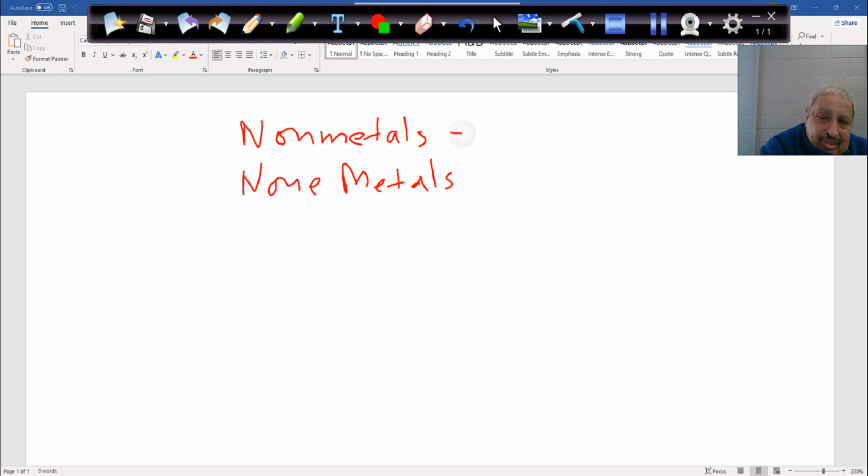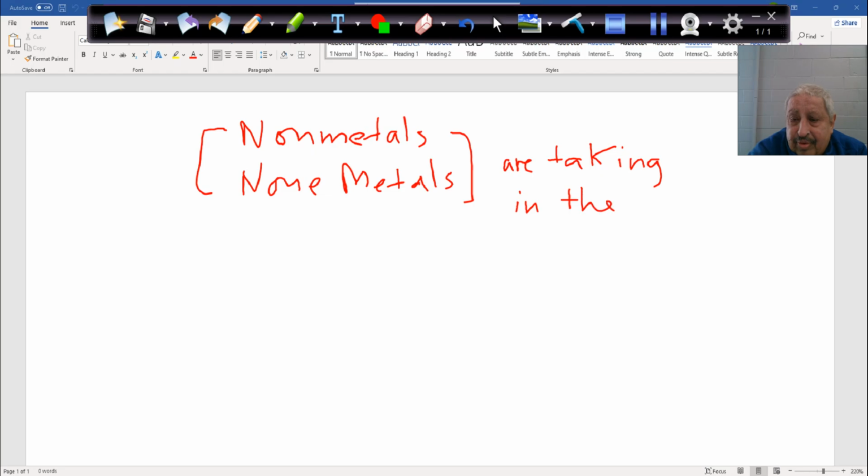Either way, you'll see it as one word or two words, depending on the author of the textbook. So the non-metals are taking in the VEs from adjacent metals.